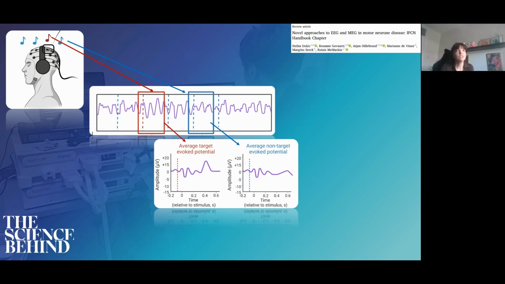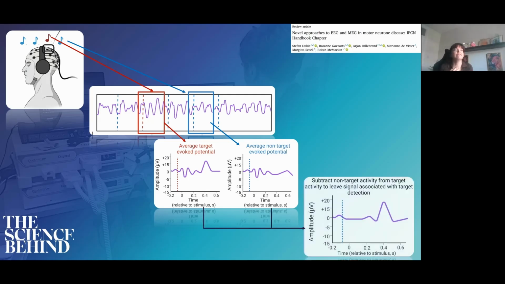Then we can subtract the signals to leave behind a signal that illustrates the brain activity specifically to do with the brain's detection of that target. So what we'll see in what we call an event-related potential is peaks, or a specific peak, for example, this purple peak that I have in the bottom right-hand corner. And these are often used in clinical trials as outcome measures.